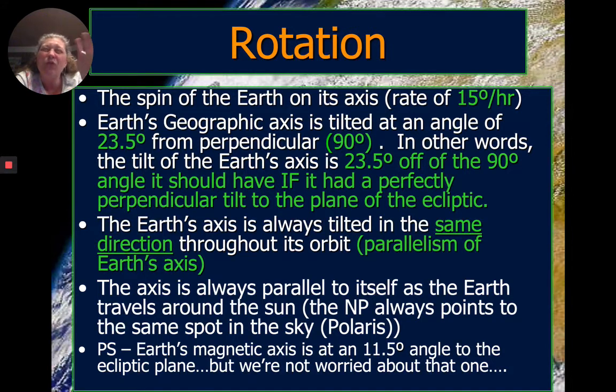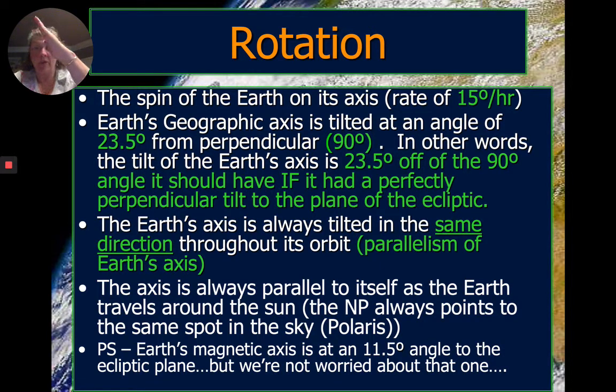I bet you guys never really thought about what that 23.5 degrees was in relation to, all right? But I'm going to explain it in one second, okay? So the Earth's axis, the North Pole and South Pole, is always tilted in the same direction as it revolves around the sun. So if this is the tilt of the Earth, as the Earth revolves around the sun, that axis is always tilted the same way.